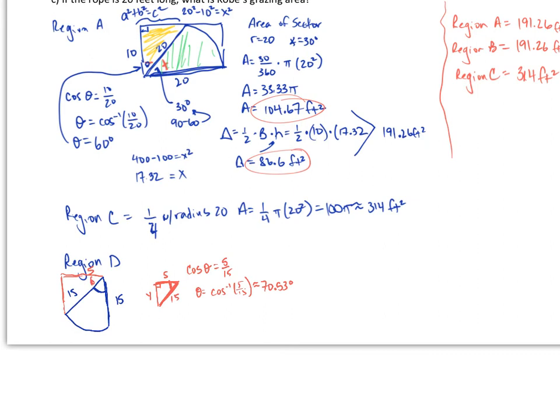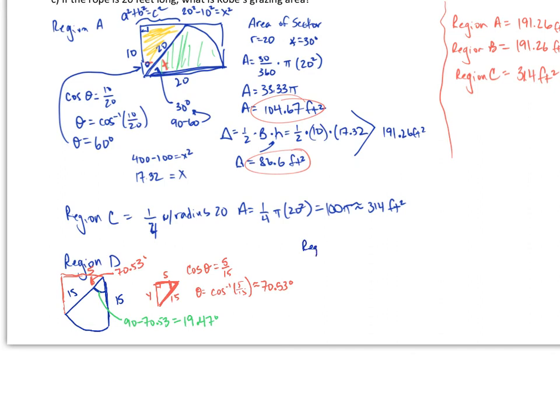So that means this angle right here is 70.53 degrees, and then it would leave me with this angle in here as being 90 minus 70.53, which would be 19.47 degrees.